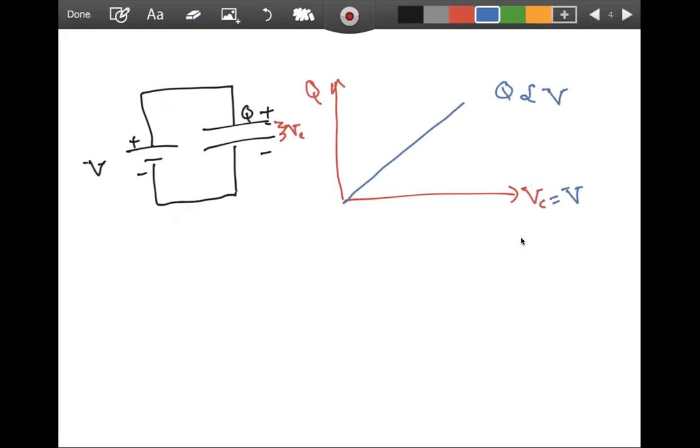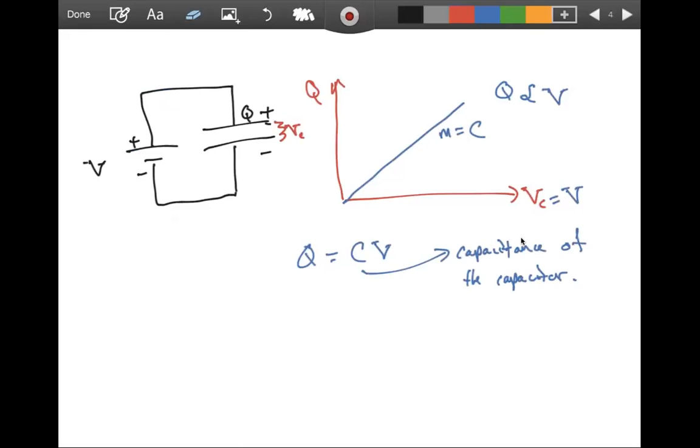So great. It turns out that the slope of the line is what we call C, meaning that the charge is equal to C times the potential, where C is what we call the capacitance of the capacitor. So my capacitance is equal to the charge per potential, or unit-wise, a coulomb per volt, which gets a special name, a capital F, which is known as a farad.